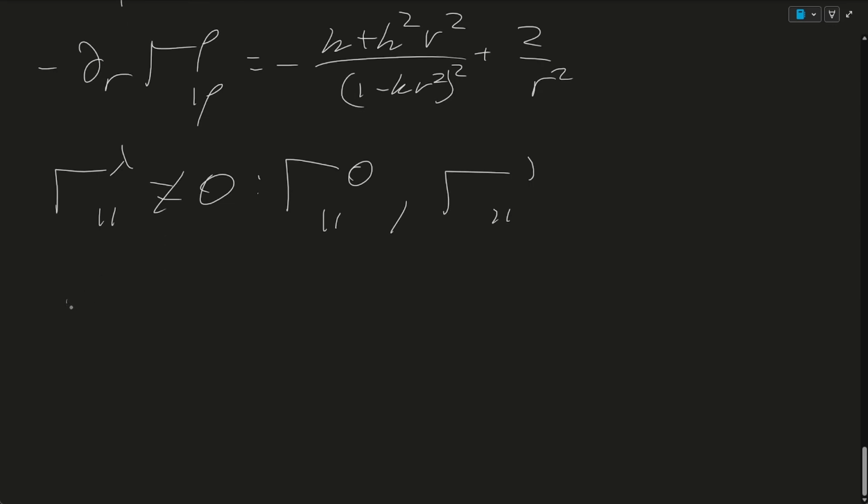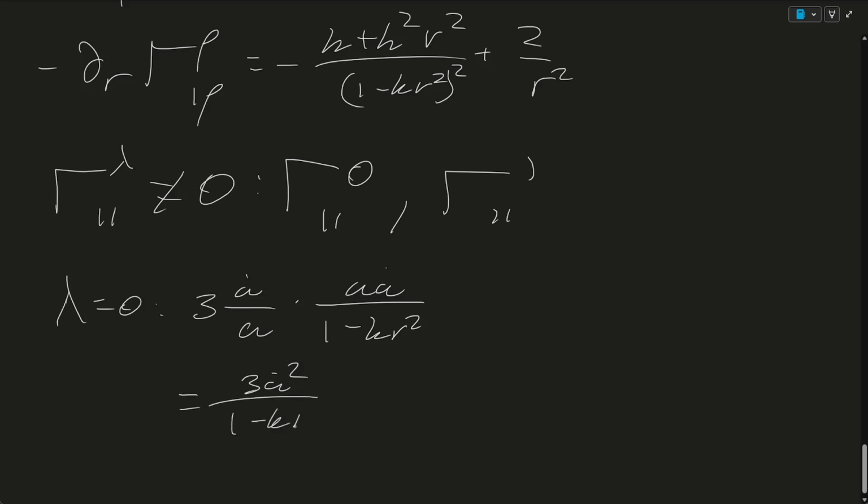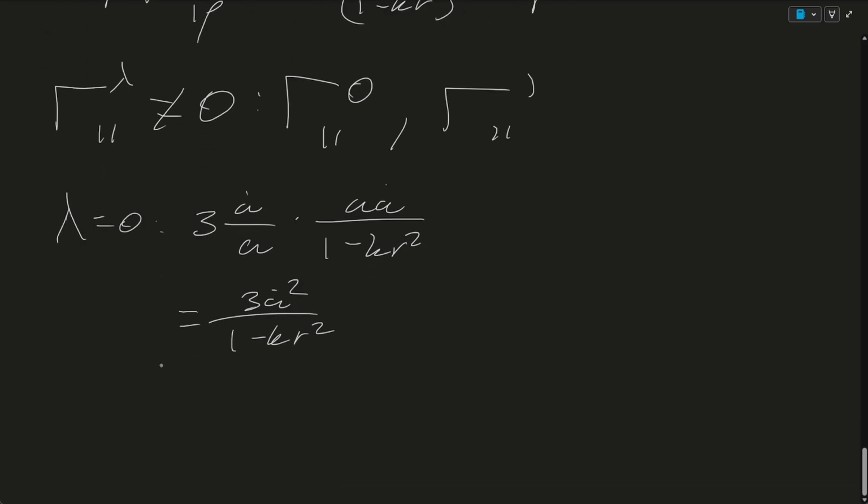So for lambda equals 0, we're going to have a contribution of 3a dot over a times a a dot over 1 minus kr squared, which is just 3a dot squared over 1 minus kr squared. Yeah, that's right.